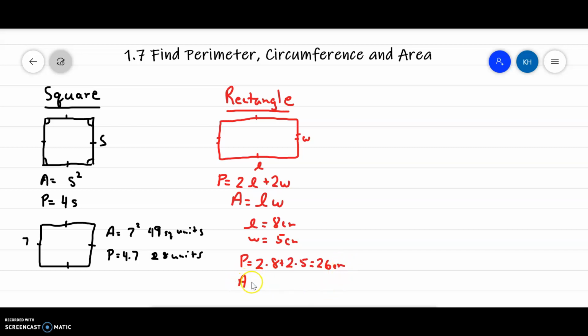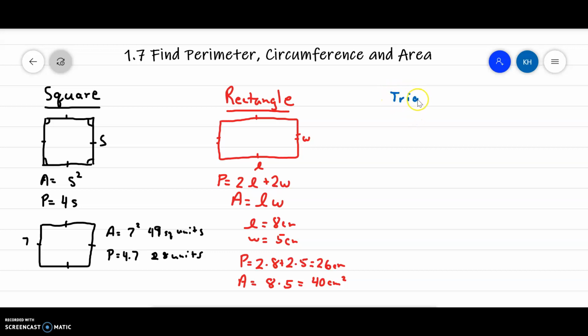And then our area is length times width, for a grand total of 40 square centimeters. Alright, so that's rectangles in a nutshell.